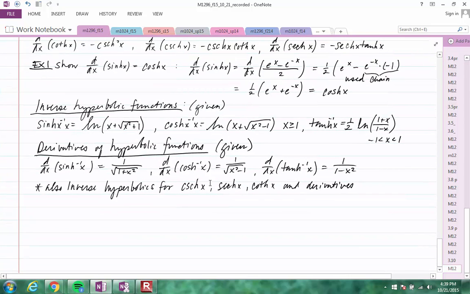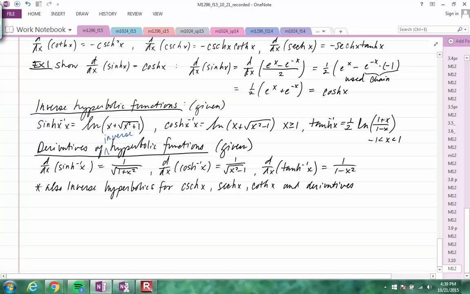So I got a little lazy here, but there are 6 inverse hyperbolic functions which potentially would be given. I just wrote down the top 3. You can see they're kind of complicated, and you can also take derivatives of inverse hyperbolic functions. So I got lazy here, even just writing it down.